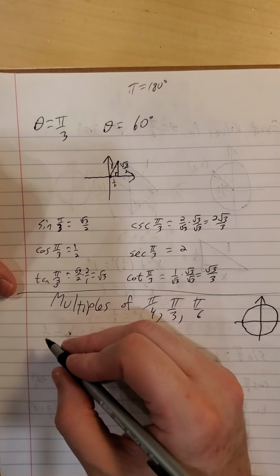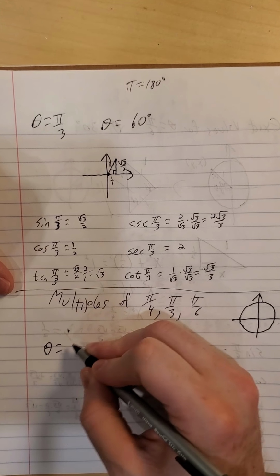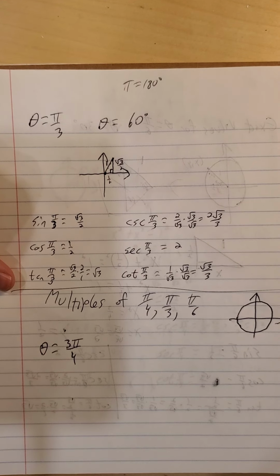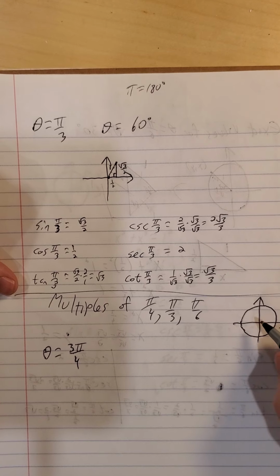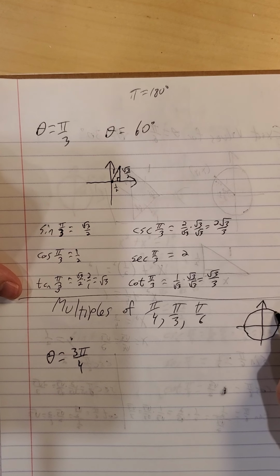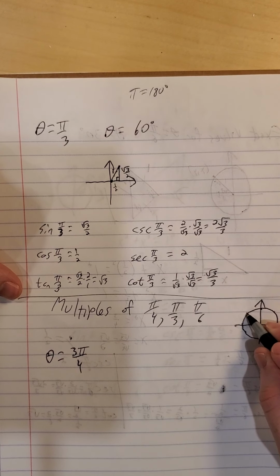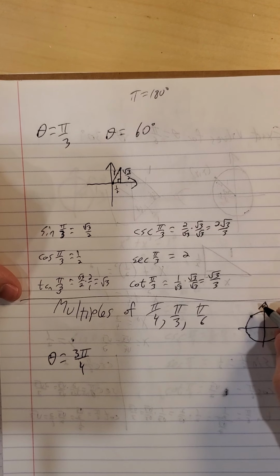So for example, if we look at theta is 3 pi/4. So pi/4, remember, was a 45-degree angle. So here's 1 pi/4, 2 pi/4, 3 pi/4. We're here in quadrant 2.